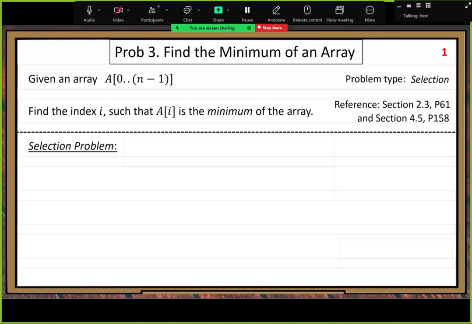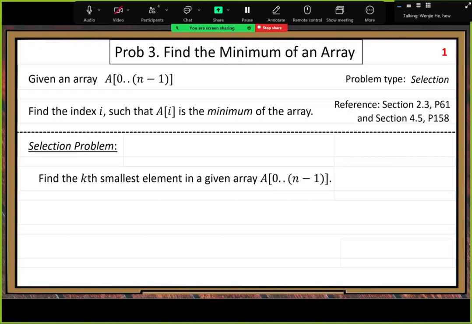First, let me explain the general selection problem. This one is a special selection problem. The general selection problem is: find the kth smallest element in a given array A, where K is known.